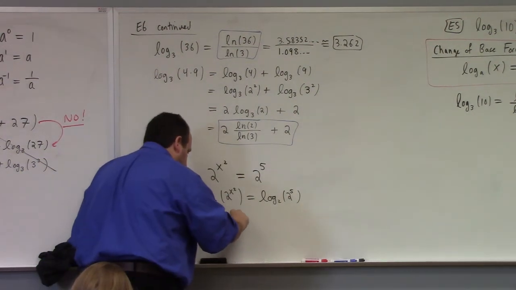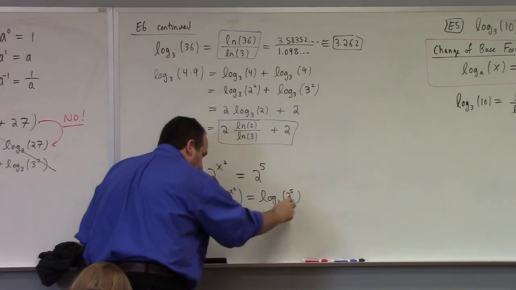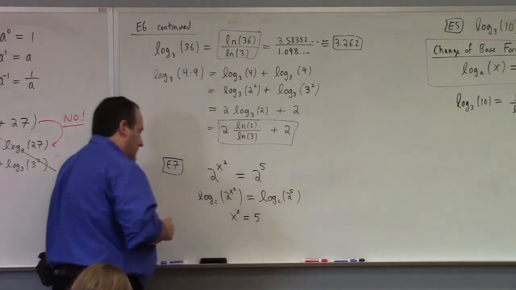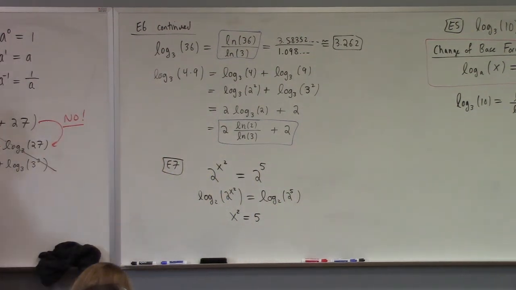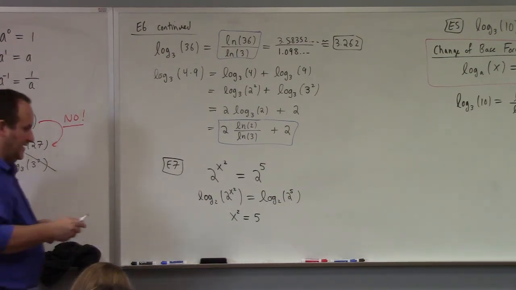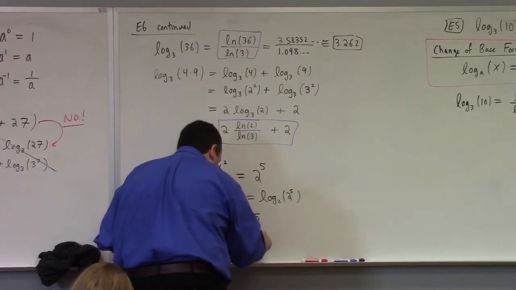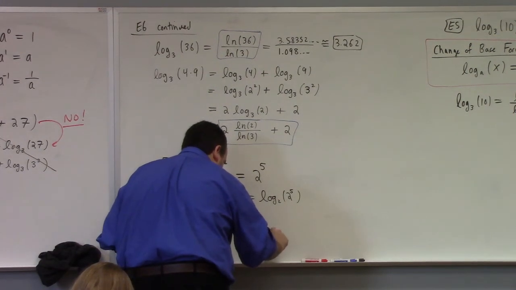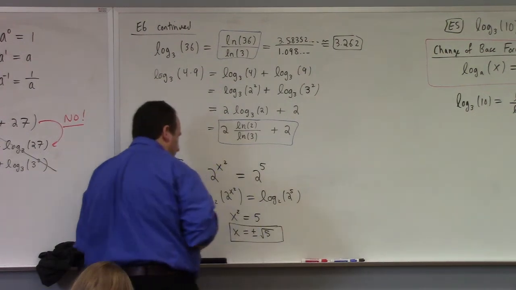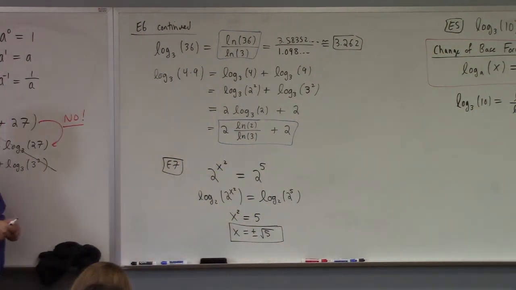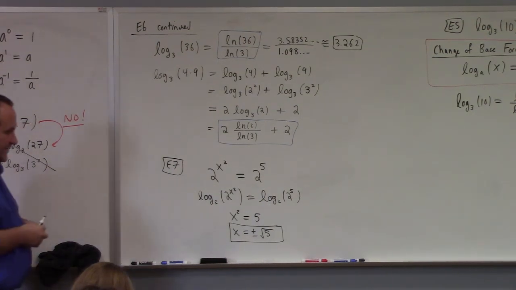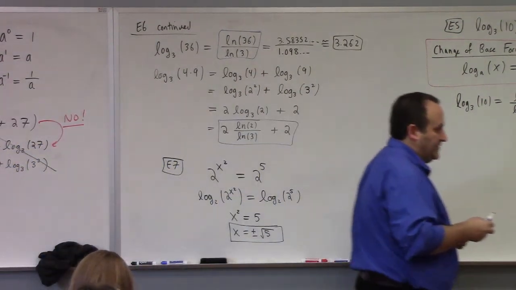So I just get x squared equals 5. Can you guys solve x squared equal to 5? What are the solutions? Square root of both sides, right? So we have x equals plus or minus the square root of 5 as the answer there.